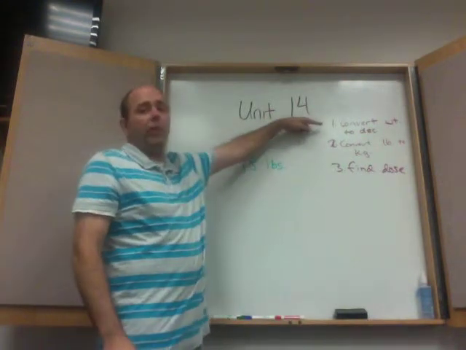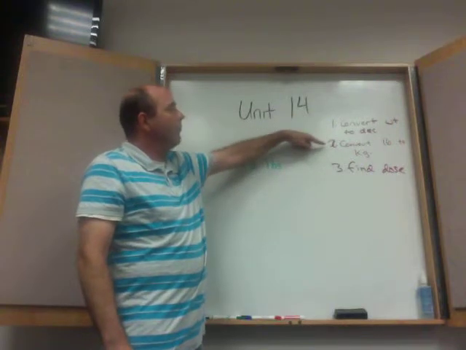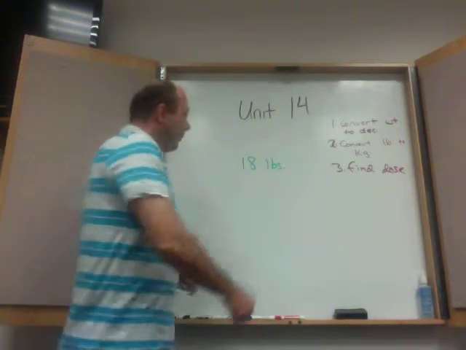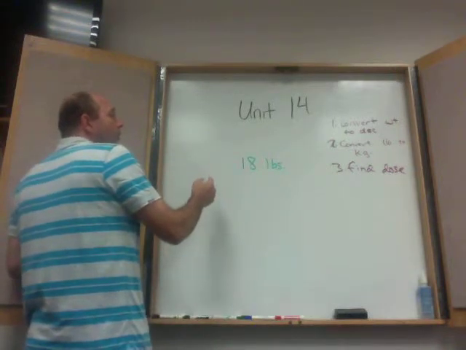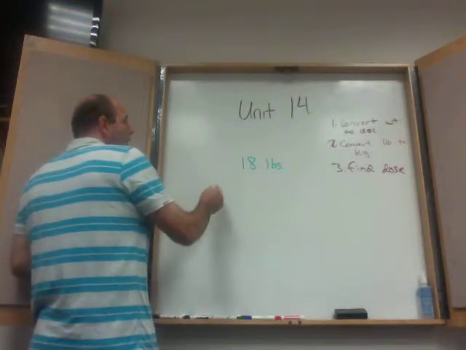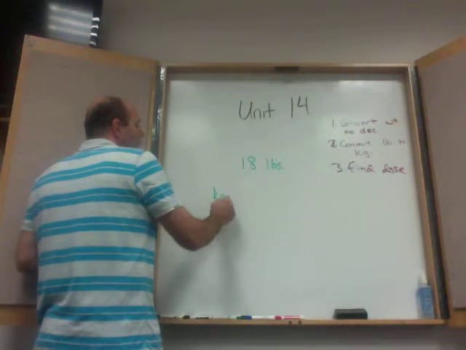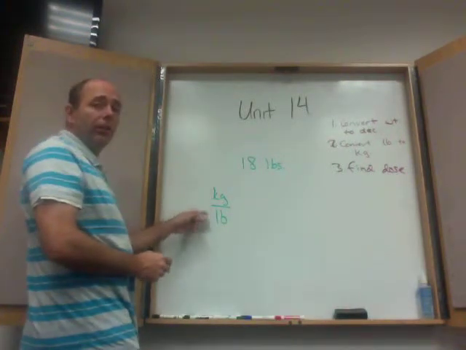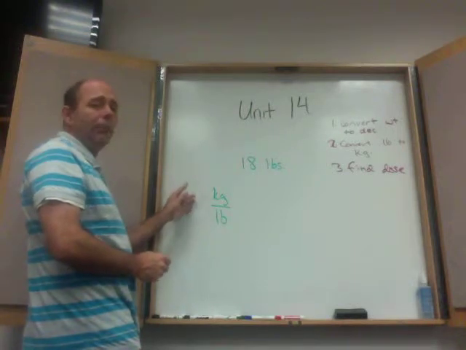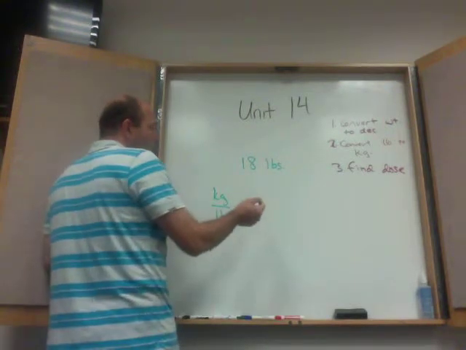I'm already done with step 1. I'm going to move on to step 2, convert pounds to kilograms. I think I did pound over kilogram last time, so let's do kilogram over pound just to show that it doesn't matter. Again, I label this here on the side, pound and kilogram, just so I keep it straight. It's for my own use.